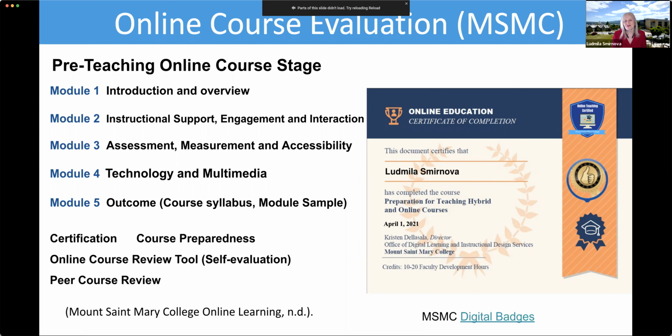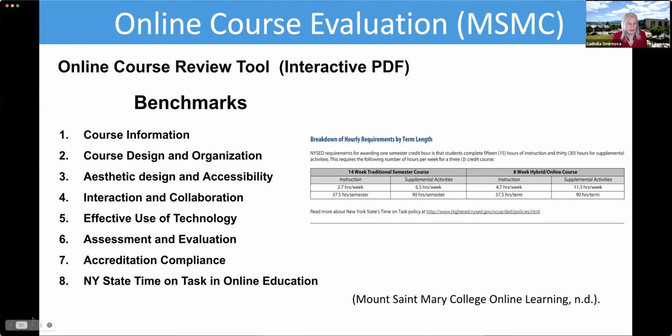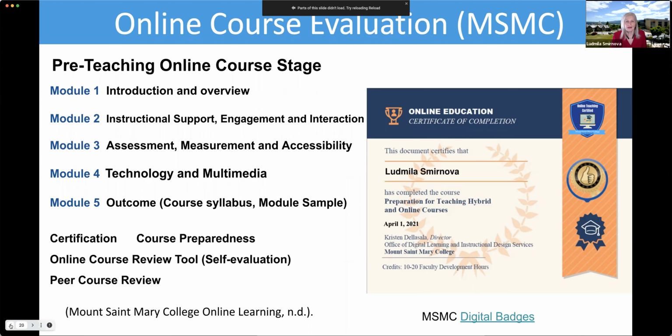There is an interactive course review tool, an interactive PDF where you look at each section of your course and check: did I use this? Did I have a start here module? Do I have a page with a teacher introduction? So all these aspects that they just learned in that course.